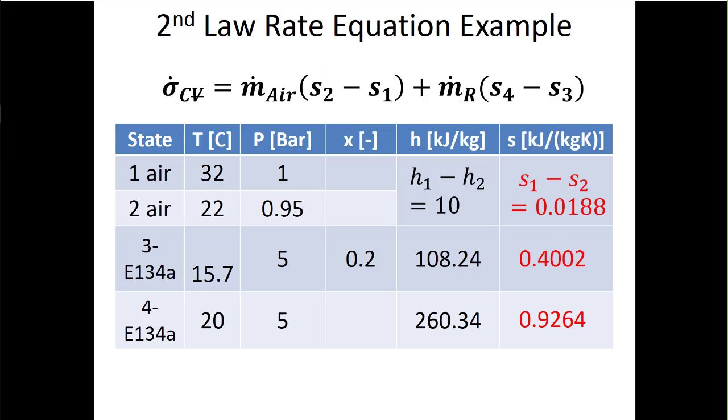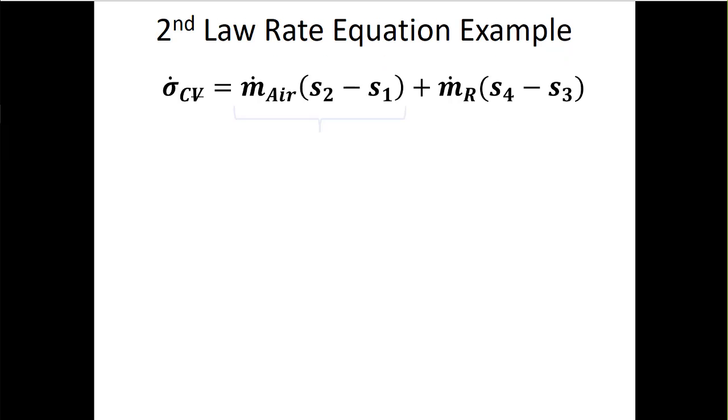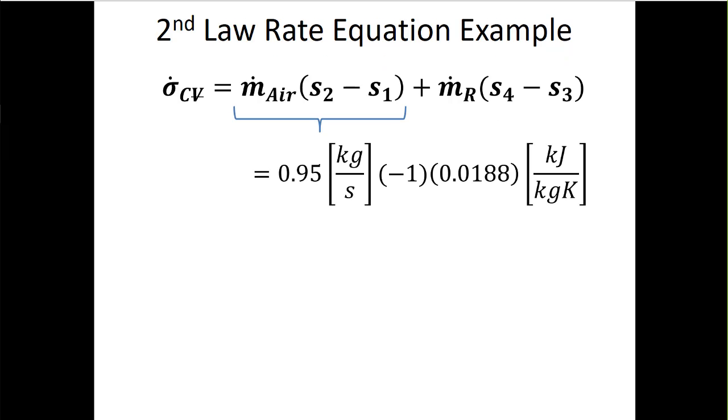right? So here now I have values. I can put these all into my equation because now everything's golden, right? I have all the information that I need except for that thing that I'm trying to find, right? So I can put all of these values into my equation. Again, I'm evaluating each term, right? So here I'm going to check my units, right? Because my mass flow rate is in kilograms per second.